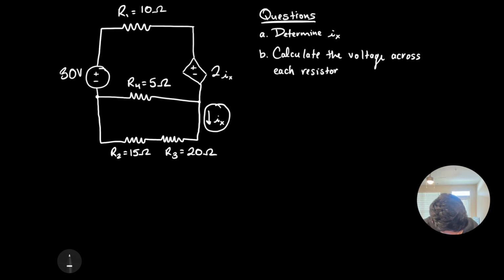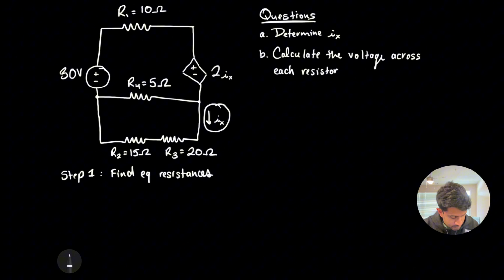So step 1, find the equivalent resistances. This is going to involve R2, R3, and R4, since those are the parallel combinations of resistances. R23 is going to be equal to R2 plus R3, which is 35 ohms.